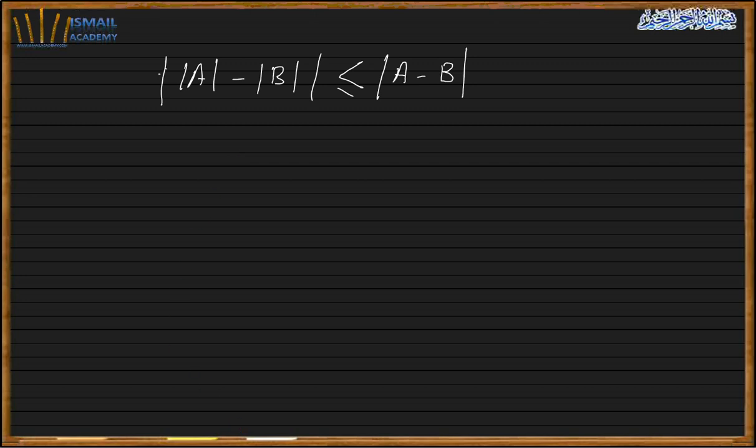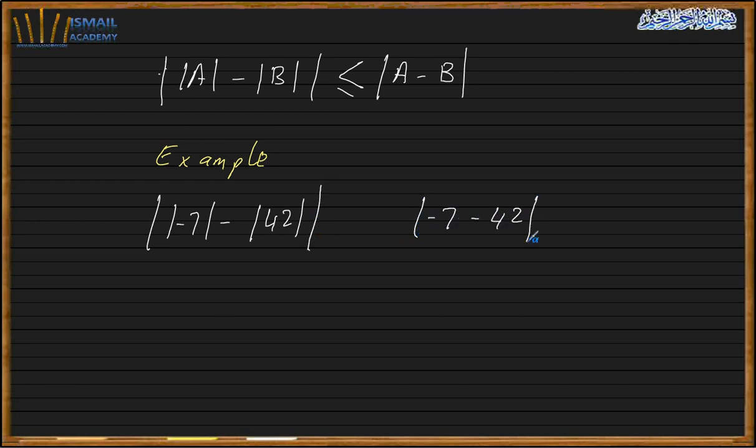So let me show you an example here. If I choose, for example, the absolute value of minus 7 minus 42. The absolute value of minus 7 is 7, and for minus 42, minus 7 minus 42 is minus 49 because with the same sign I add.